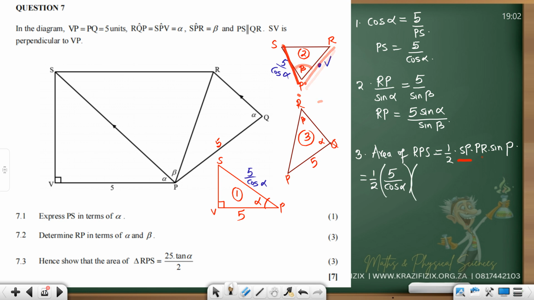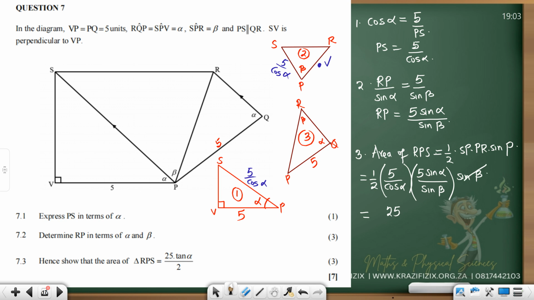What is PR? We got it: 5 sine alpha over sine beta. And our P is beta, right? What is 5 times 5? On top, 25.